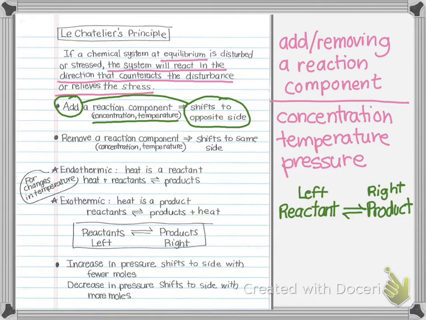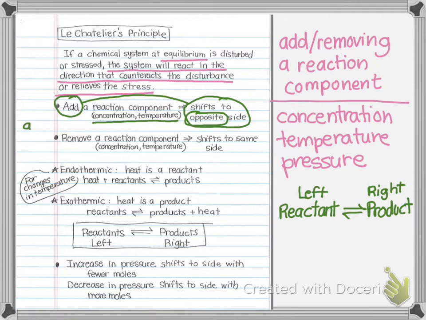So if we add a component to the left, it would go to the opposite side, which is the right. If we add something to the right, it's going to go to the opposite side, which is the left. So adding concentration or temperature will make it go to the opposite side.